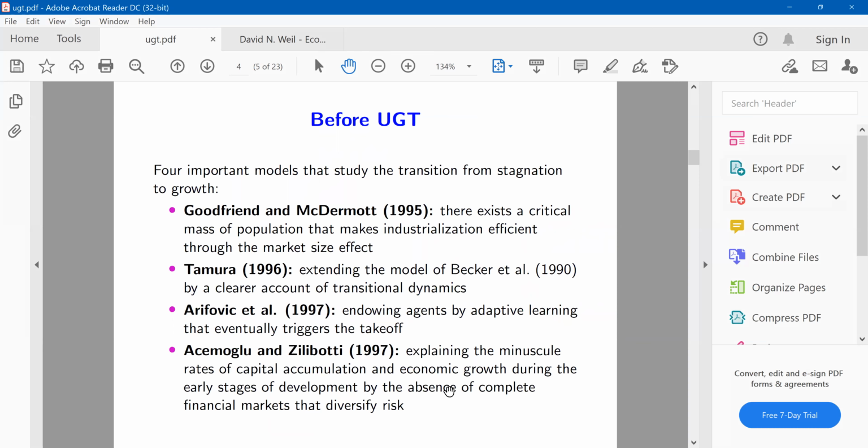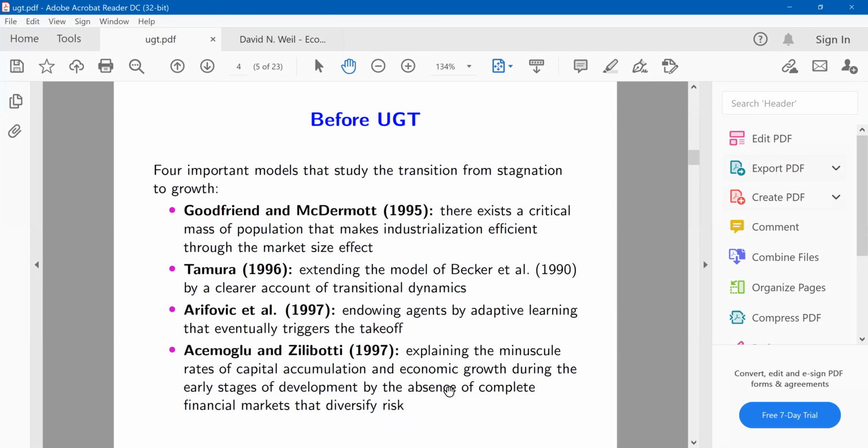In this paper, this is a very nice paper, by the way. I would strongly recommend you to read it. Very, very nicely executed paper. The idea is this: if the financial system is not very developed, as in the early stage of economic development, then you cannot diversify risk.